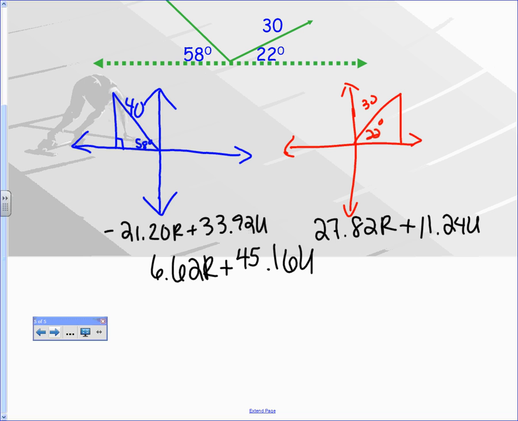That's like what they're added to be. Any questions on it in rectangular form?